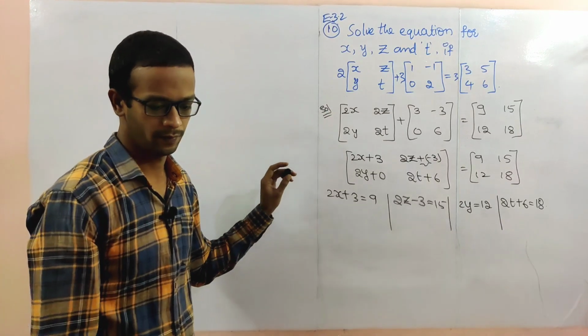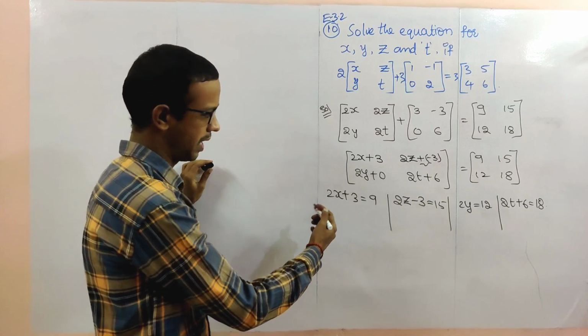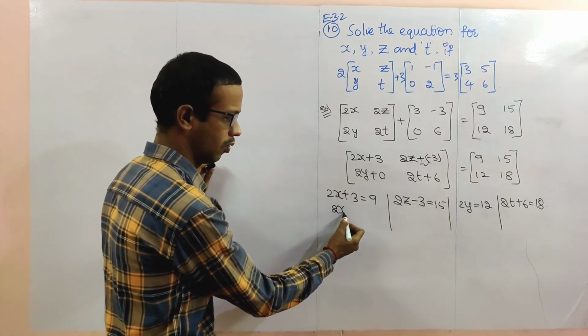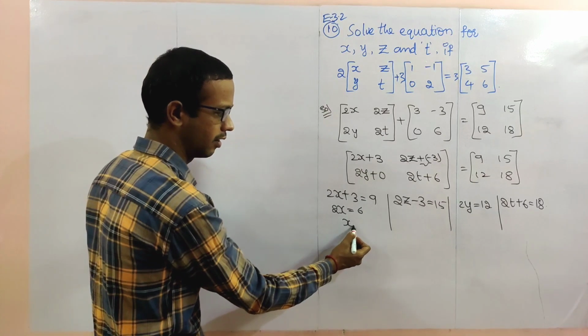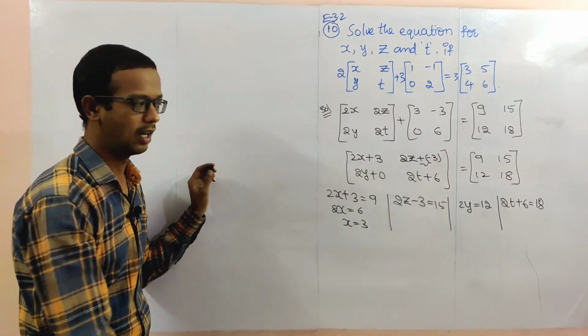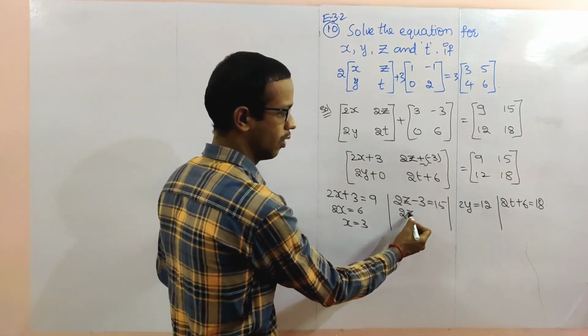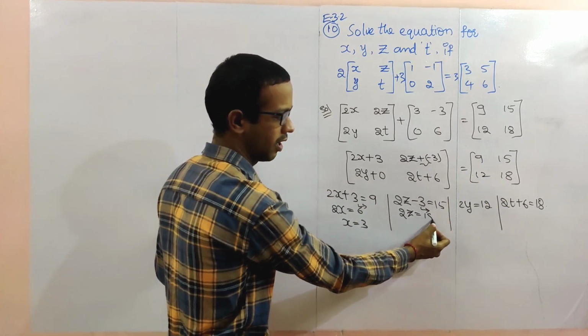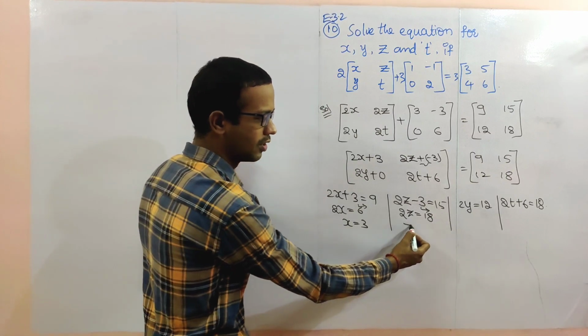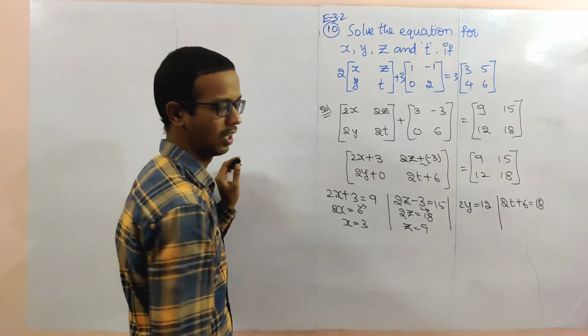Next, we have to make the simplification for this one. 2x is equal to 9 minus 3, which is 6. x is equal to 3 you will get. Next, 2z is equal to, if you send that to the other side you will get 15 plus 3 is 18, z is equal to 9 you will get.